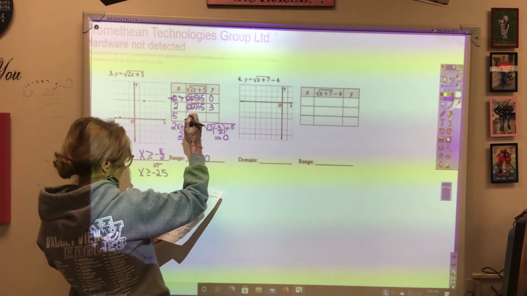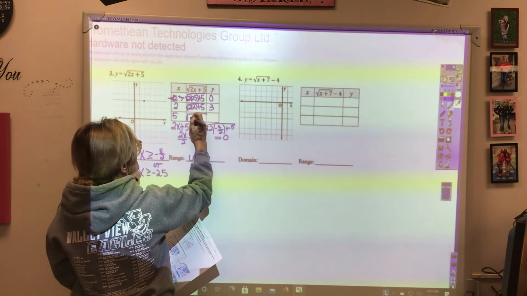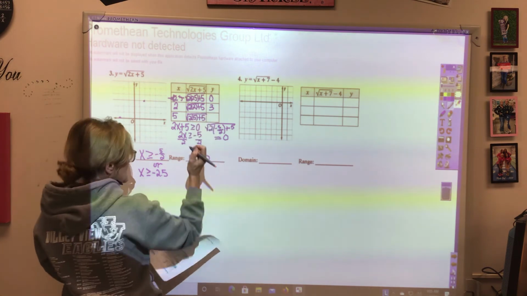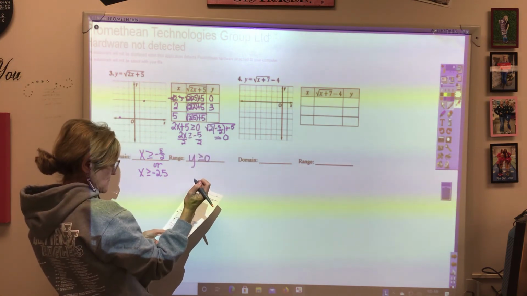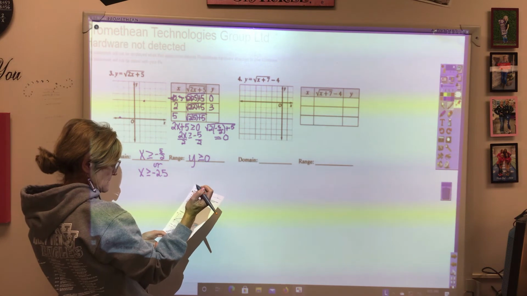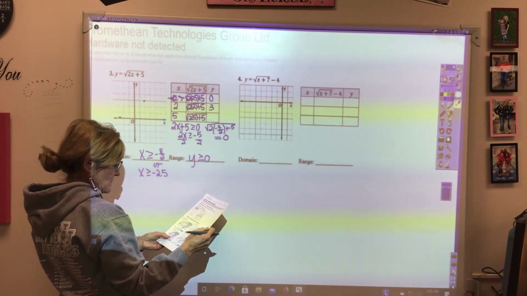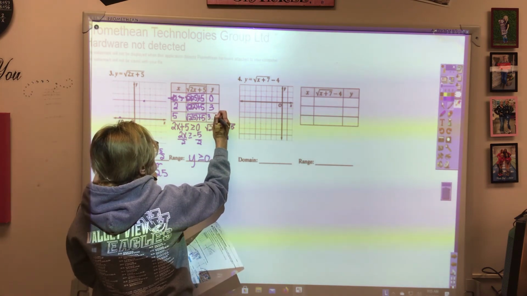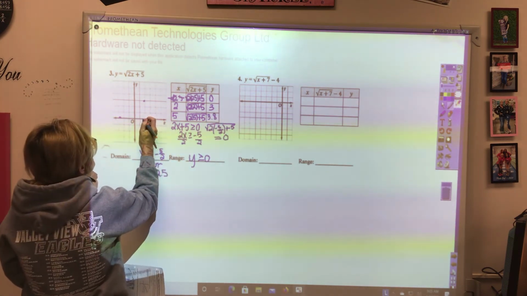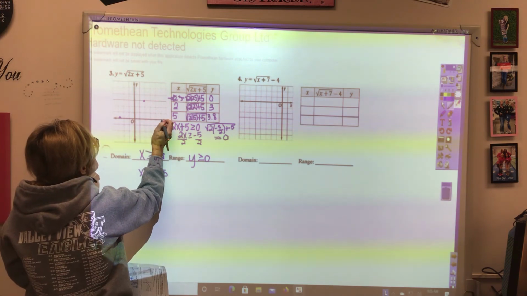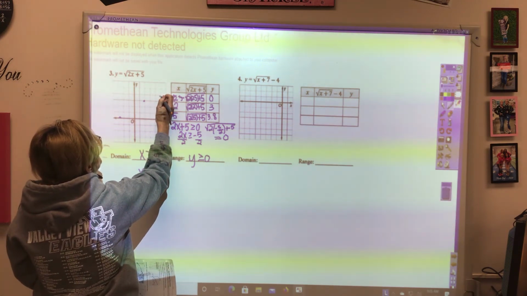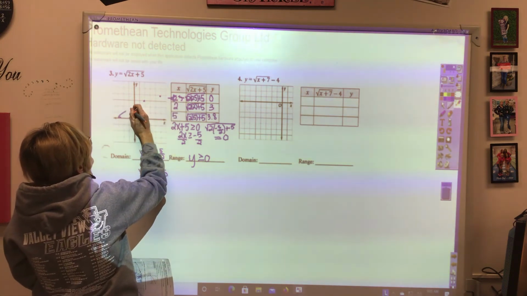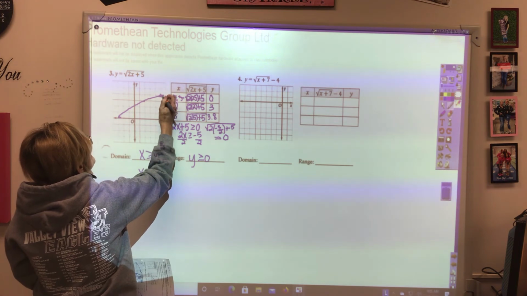The square root of 2 times 5 plus 5, the square root of 15, is approximately 3.8. So go to 5, and go almost up to the 4. That'll be our 3.8. Draw your arch and your arrow at the end.